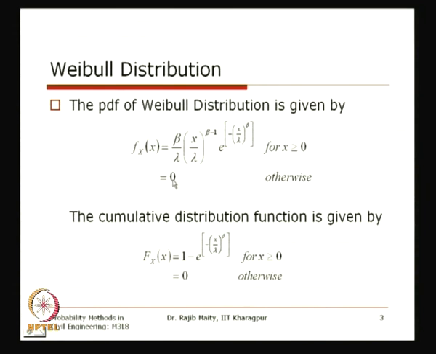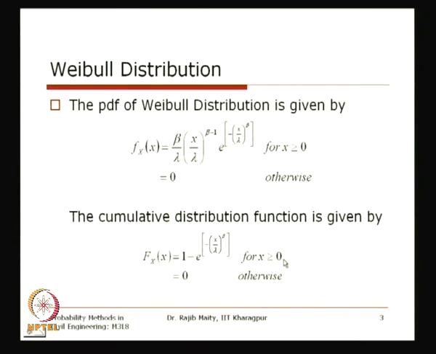For negative values of x, it is not defined; it is 0. We know that the cumulative distribution for any PDF is the integration from the lower support, here 0, up to that particular value x. If we do that integration, we get the cumulative distribution function, which can be shown to be 1 minus e to the power minus (x by lambda) to the power beta, for x greater than or equal to 0.